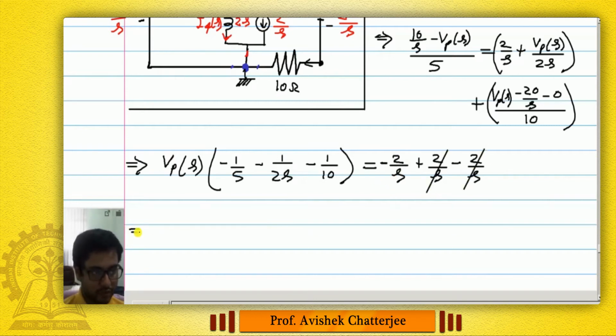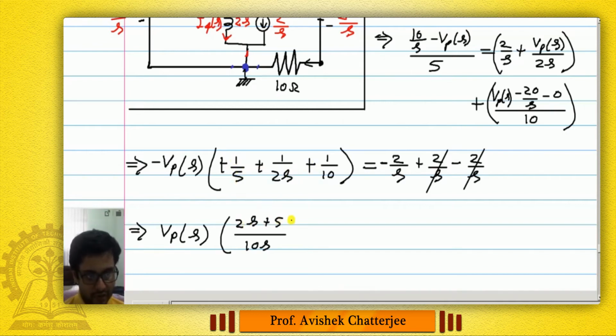Now VPS, this can be simplified as 10S below. Let me take this minus sign out. Then we have 2S, then plus 5, plus S, so make it 3S plus 5 with a minus sign.